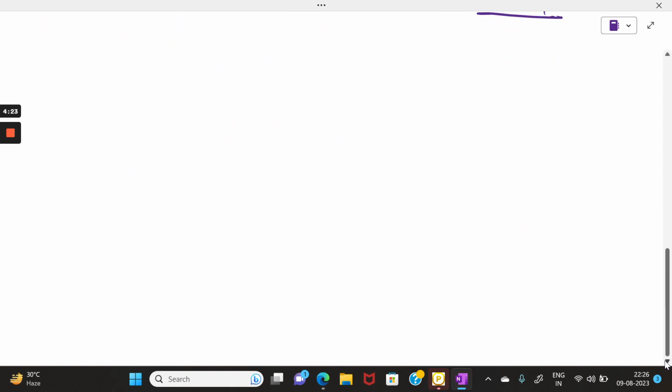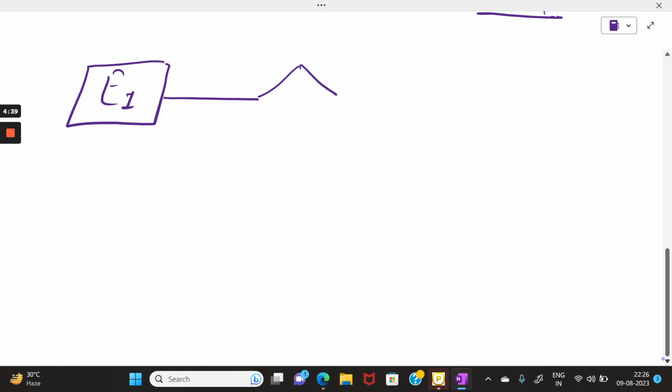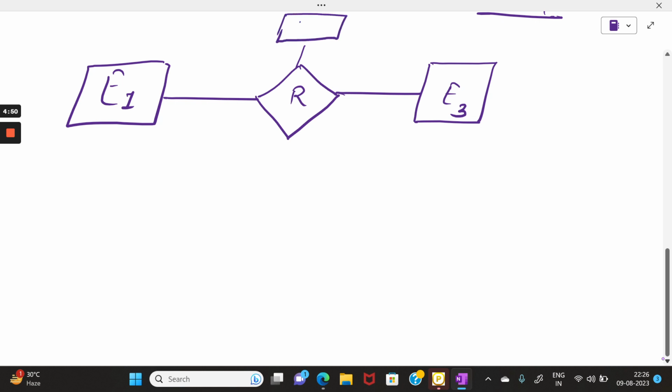Let's come to the second example. Suppose this is an entity set E1, we have a relationship set R, and we have other entity sets E2 and E3.